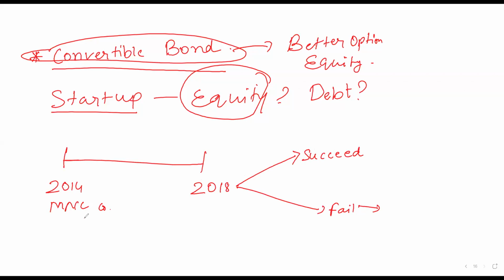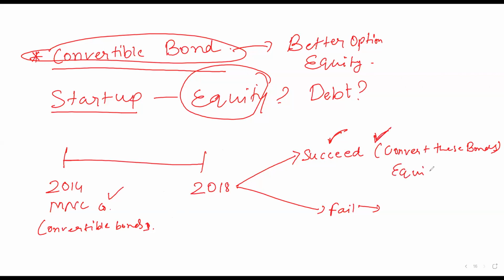Let's say MNC Corporation is the name of the company, and you have invested in it through convertible bonds. If in 2018 the startup succeeds, you will convert these bonds into equity shares.